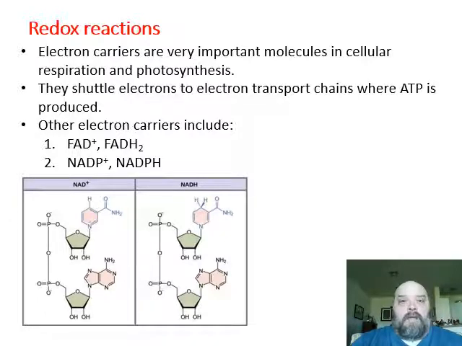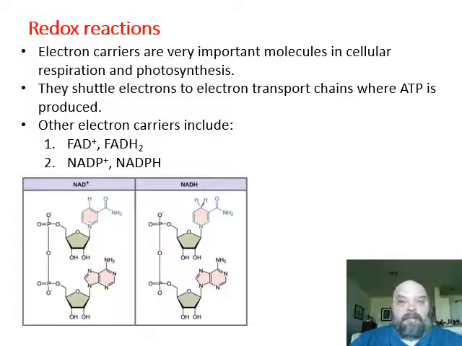They take the electron, they move it to where it needs to go, they get rid of it, and they do so quickly. As we're going to see later in this chapter, these electron carriers are finite. There's not an overabundance of them. So there's only so many of them that's available within the cell. So the cell needs to keep them moving, keep them picking up, delivering, coming back for more over and over and over.